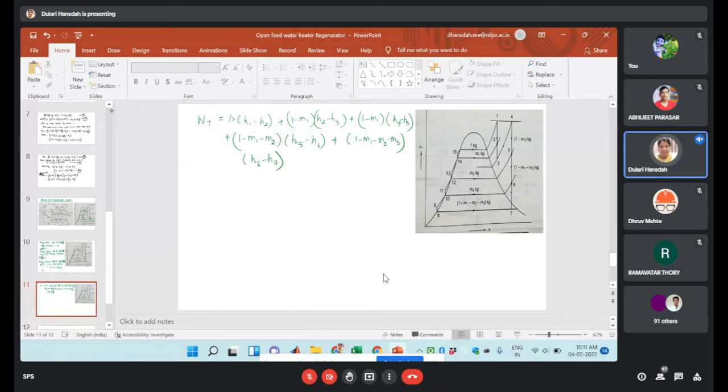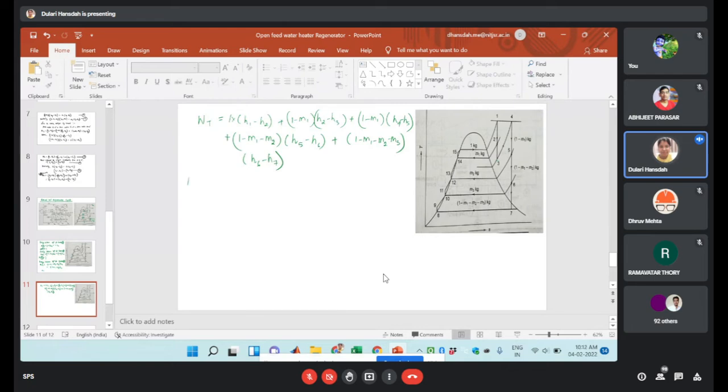Then you can find out the value of H3. Similarly at this line, you can find out H5 and H12 at the particular pressure. Like that, you can find the values of the enthalpy. Also, you can find out the entropy.